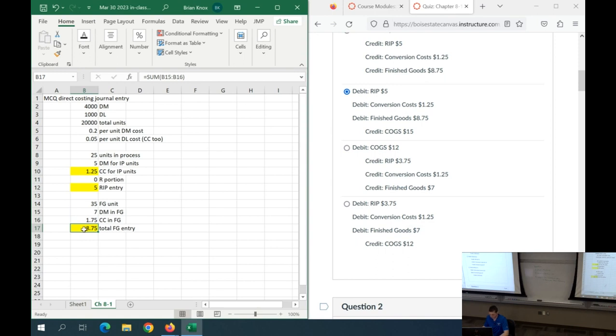E17, yep. I chose to keep the rates separate for direct materials and conversion costs here. And so I have to sum them because the finished goods have all they're finished. They have all that. 35 times 30.